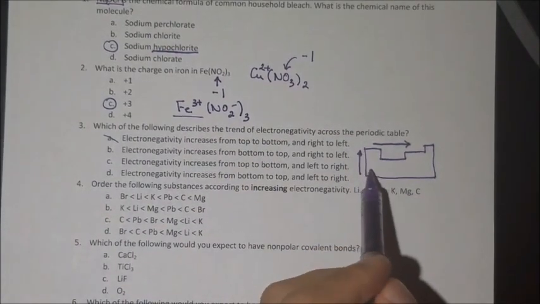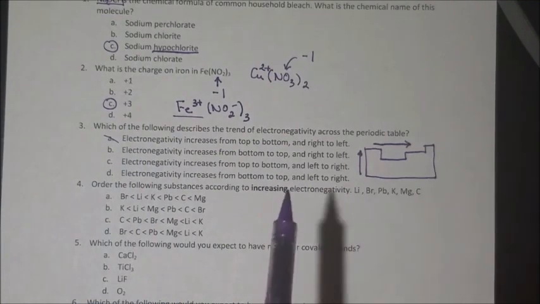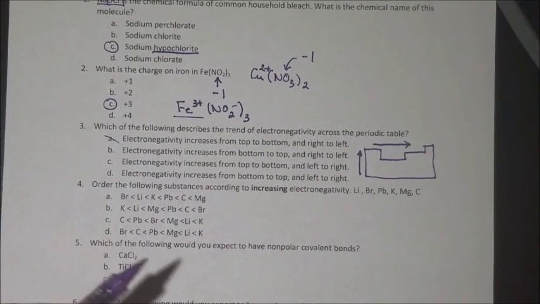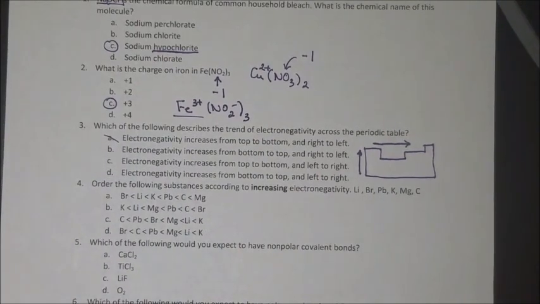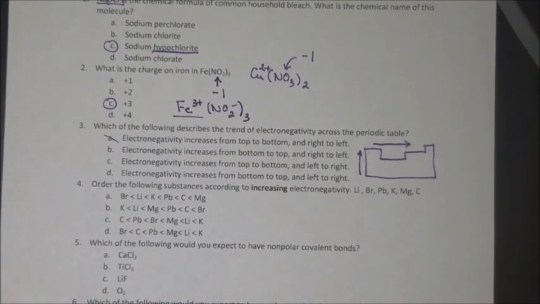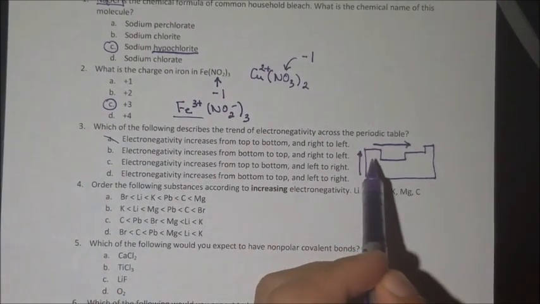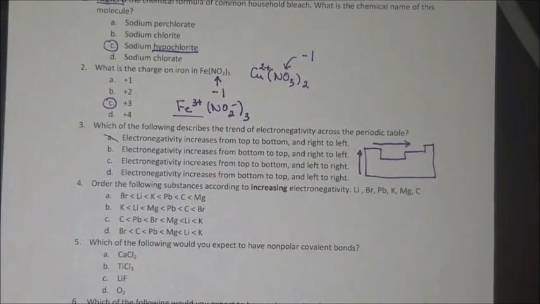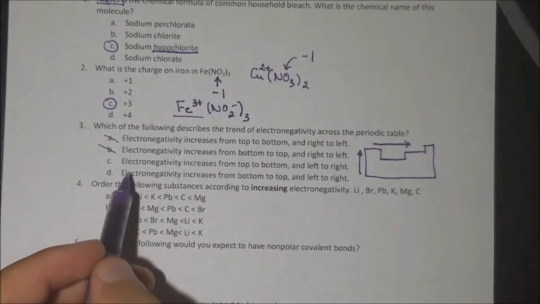So we're going actually from left to right. This is because as we move from left to right along a period, we have an increasing number of protons in the atom. So with more protons, we have more attraction for those electrons, and therefore the electronegativity of the atoms goes up. So electronegativity increases from left to right, not from right to left. So B would also be incorrect. We can cross that one off.